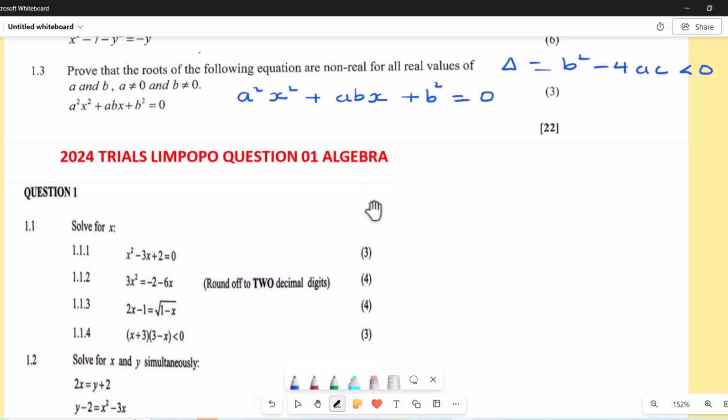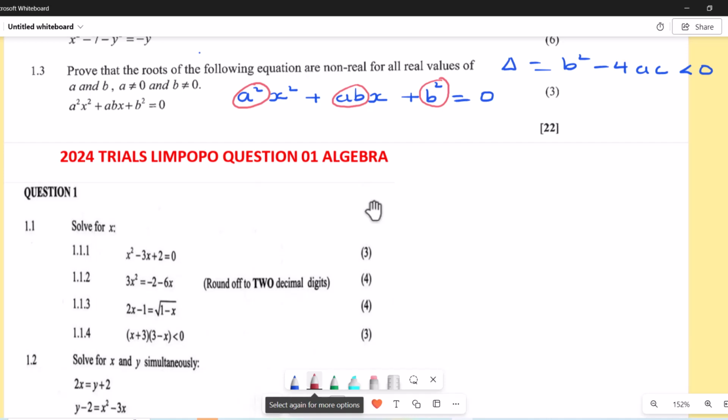Now as you can see, our a is a squared, our b is ab, and our c is b squared. Let me circle them in red here. So my a is a squared, my b is ab, and my c is positive b squared.